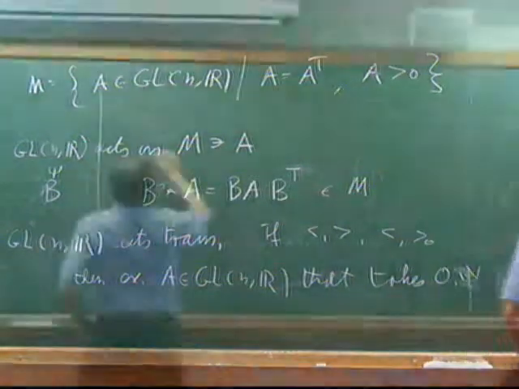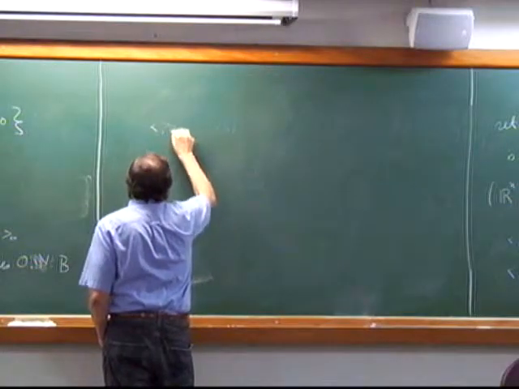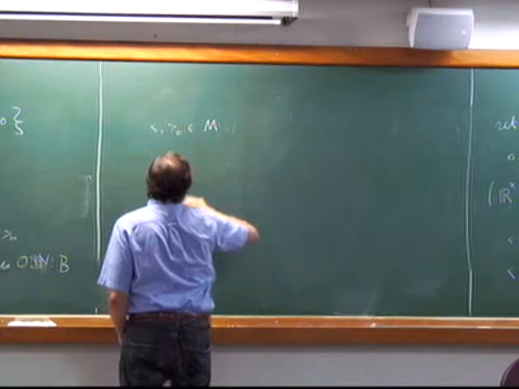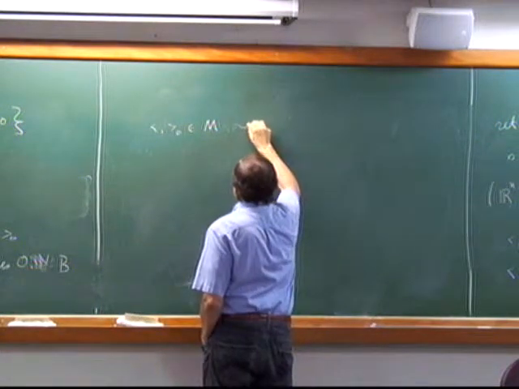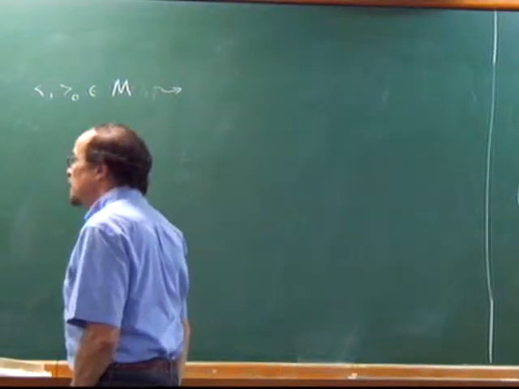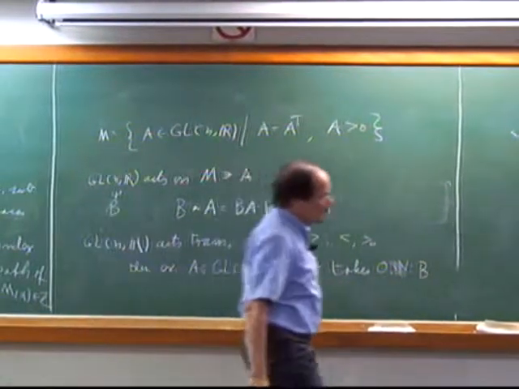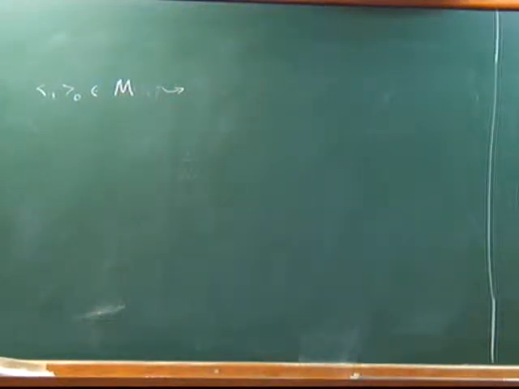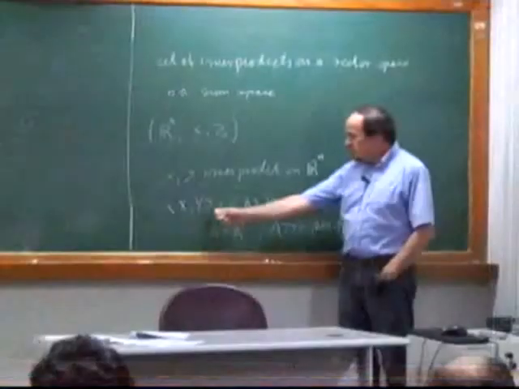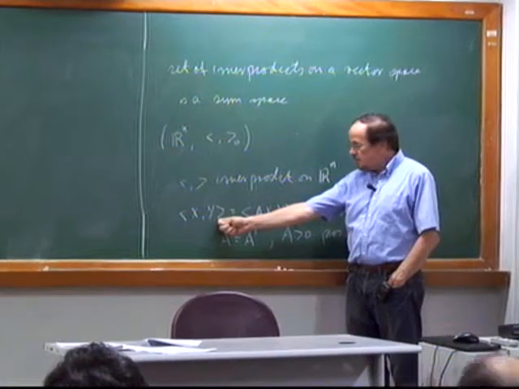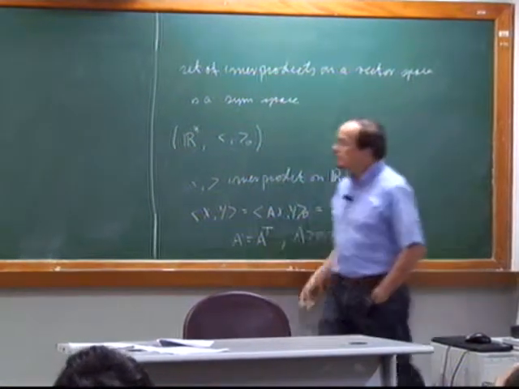What's the stabilizer? So I have my natural inner product inside M. What does that get identified with? In this space right here. Well, if I look at how I described it, I went from inner product to matrix. So if this is the zero matrix again, the standard one, then A has to be identity.